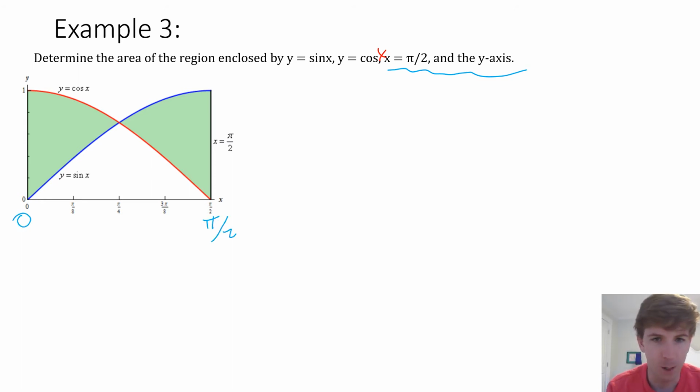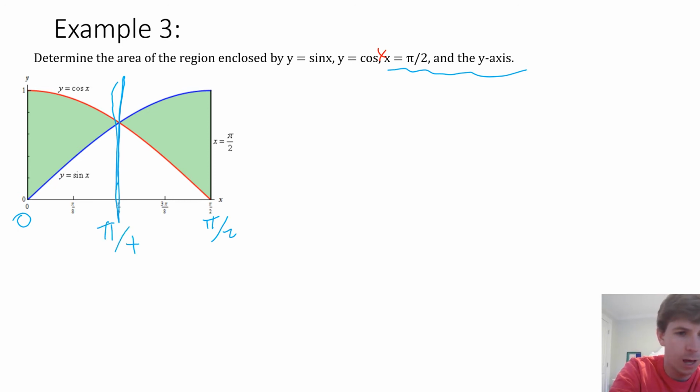This one's going to be different than our previous examples because if you look at our green region and what's making up the area we want to find, first of all, we see there's this split in the middle at pi over 4, where the functions intersect in the middle of our region.